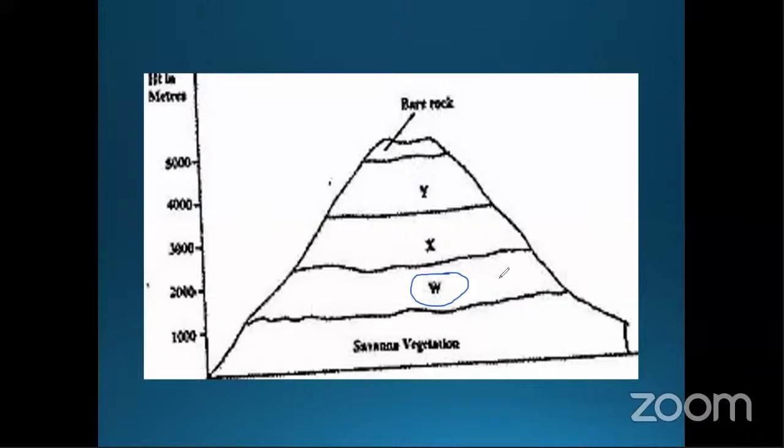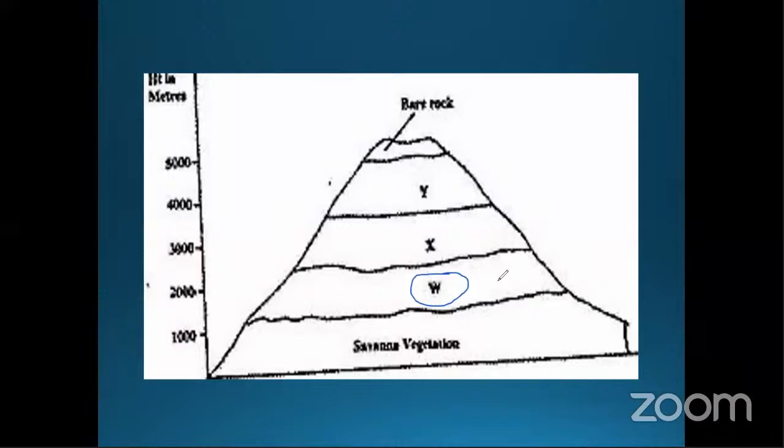Yes, madam. Yes, what type of vegetation do you think as you move up on a highland? Equatorial vegetation. Come again? Equatorial vegetation. Very good. That is equatorial or rain forest.